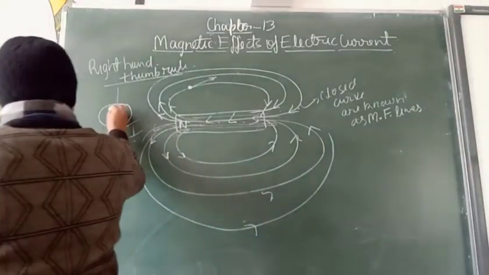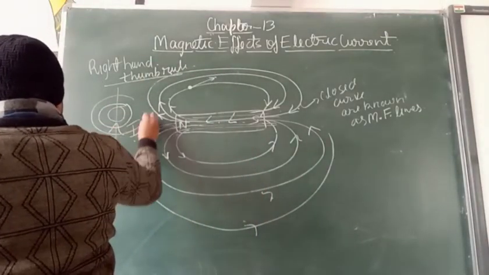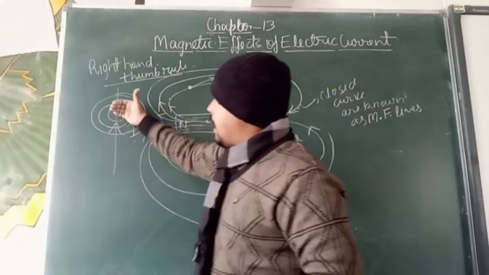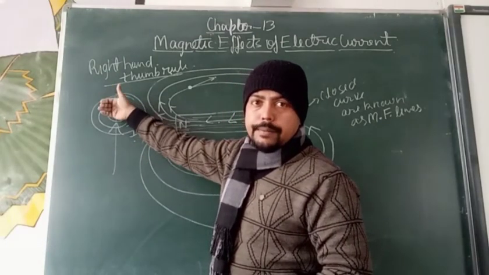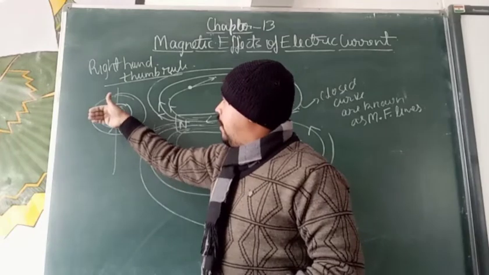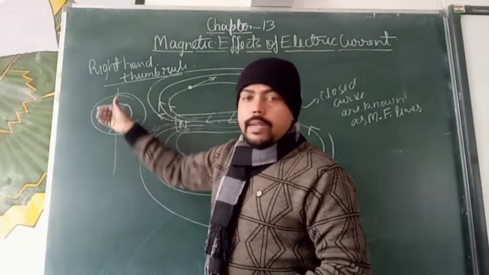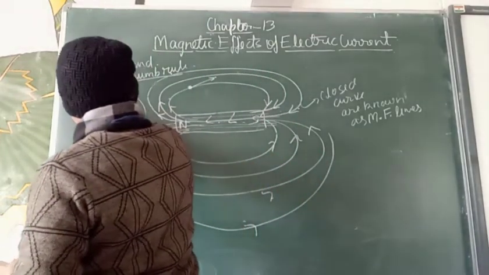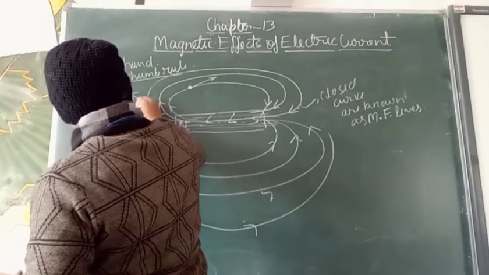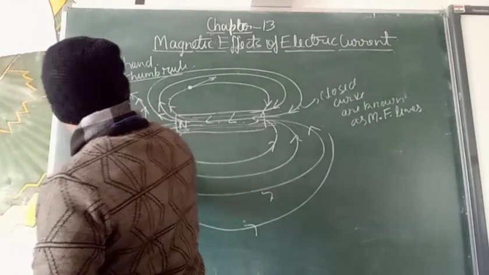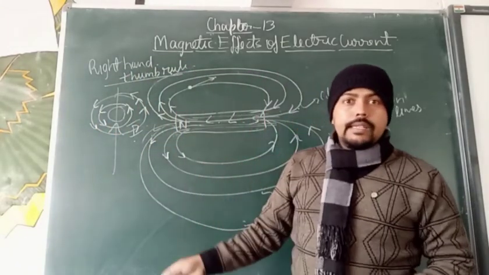So there will be a number of magnetic field lines like that. And what will be the direction? The direction will be anti-clockwise, because the current is upside. You can see, this is the direction of magnetic field lines when the current is upside.